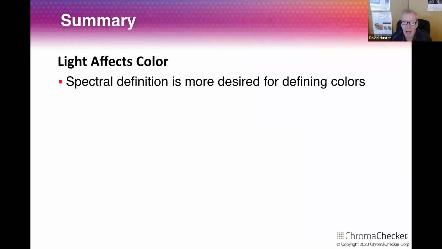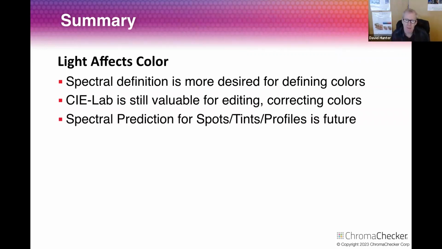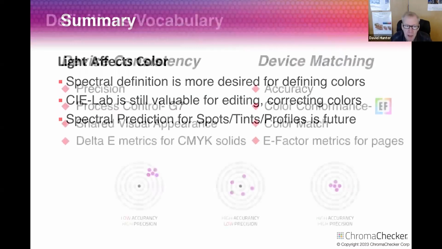So in summary, light greatly affects color. Ideally, you'll want a spectral definition of your colors as a definition. CIELAB is still valuable for editing and correcting. Spectral prediction for spots, tints, and profiles is really the future.